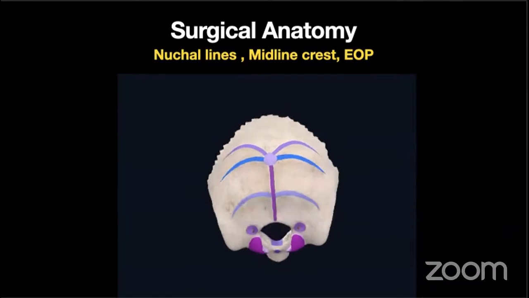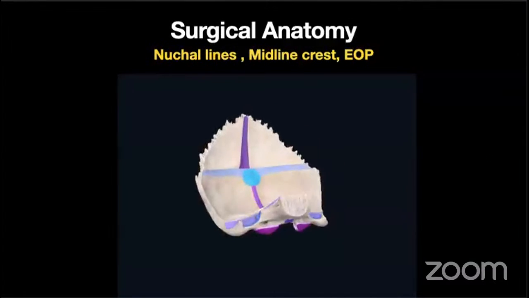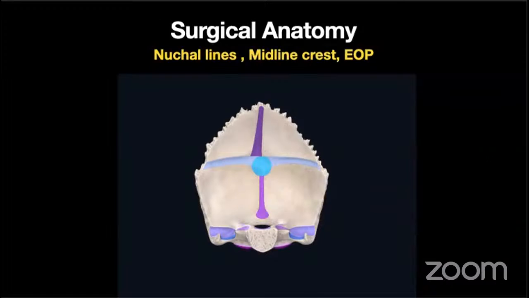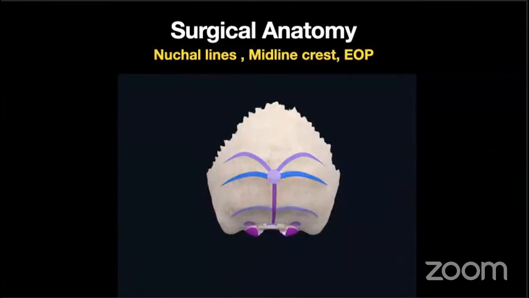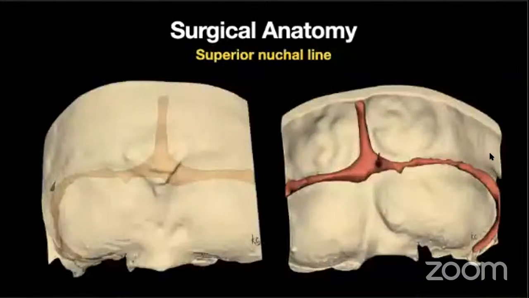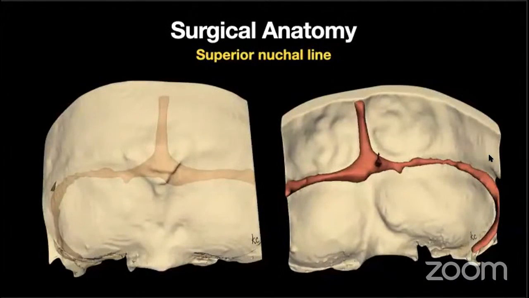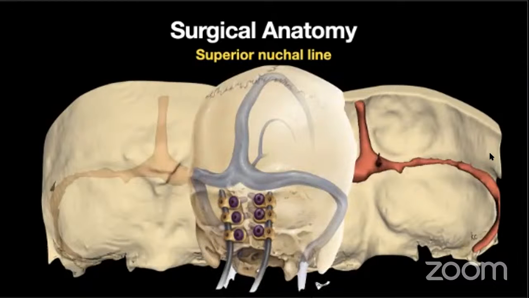The superior nuchal line corresponds to the transverse sinus, and the external occipital protuberance, or the EOP, corresponds to the torcula, which is the confluence of the sinuses. This is a model of the patient's occiput whose surgery I'm going to show you today. You can see how the instrumentation has to stay below the superior nuchal line and below the transverse sinus.